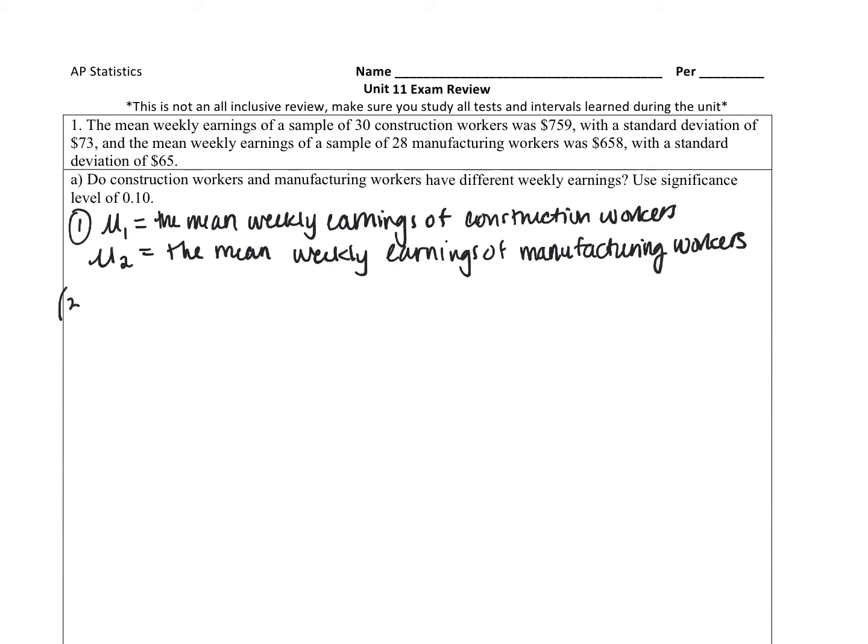All right, so our null is that there is no difference. And our alternate is asking if there is a difference. So we're going to use not equal to.